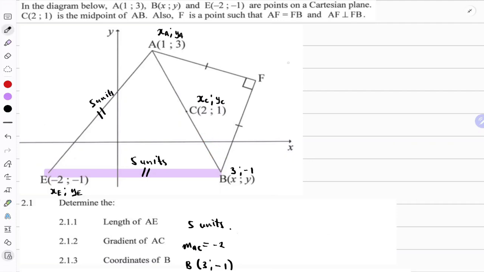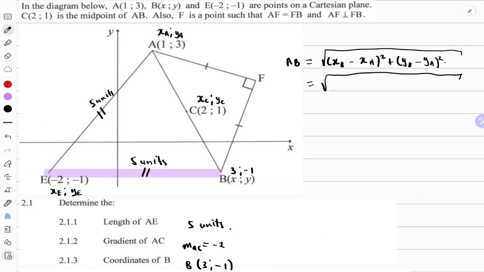So we can say distance AB is equal to the square root of (XB minus XA) the whole squared plus (YB minus YA) the whole squared. This is equal to the square root of (XB is 3 minus 1) the whole squared plus (YB is minus 1 minus 3) the whole squared.